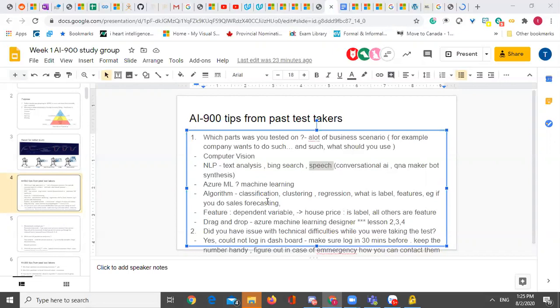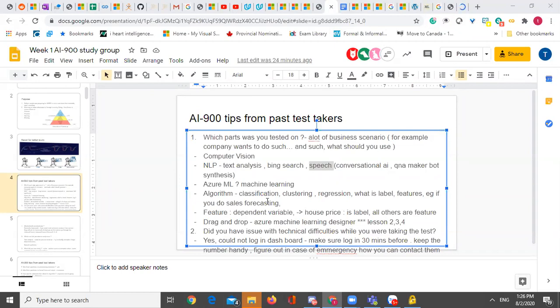You should know what a label is, what a feature is when you apply it, and which algorithm requires a label. And of course, drag and drop: they also test on Azure Machine Learning Designer. From the document that I just checked, it seemed like Azure Machine Learning Designer is still in preview mode, and I'm quite surprised that they put this content in there. But since they put it in there, we have to learn it by heart.